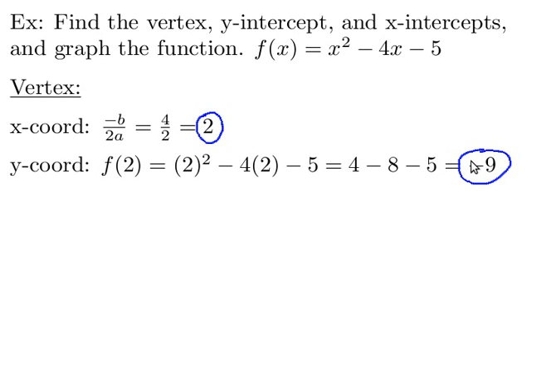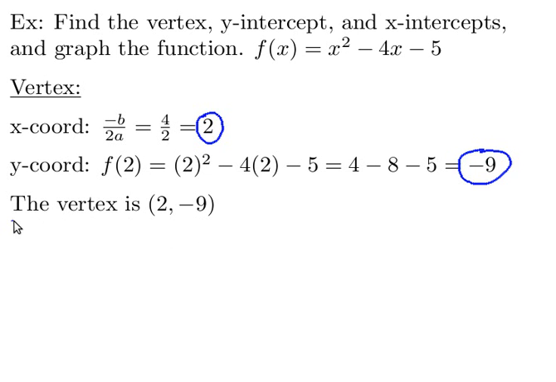Now, I want to point something out. What I've done here, I've done the work, but I have not written out an answer. I want to be crystal clear as to what my answer is. So this is going to be my answer. The vertex is 2, negative 9.